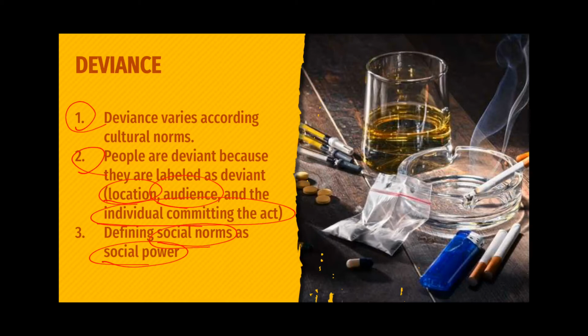So for example, when you go inside the campus at LSU and you are being reprimanded for wearing too short of a shorts or too short of a crop top, that is considered deviant based on formal rules inside the LSU. But sociology also begs to ask the question, who put those rules in the first place?